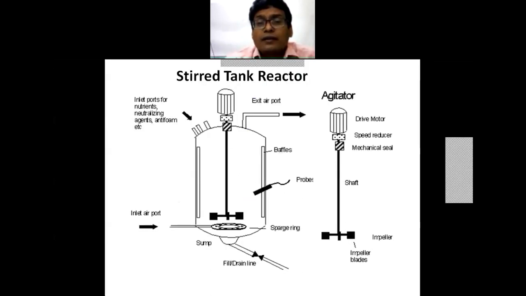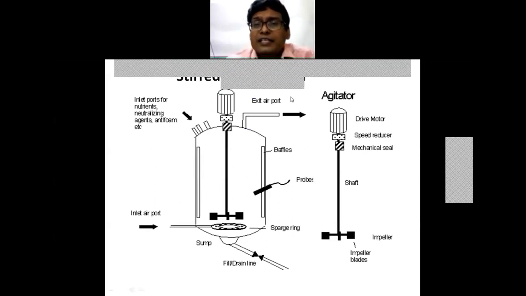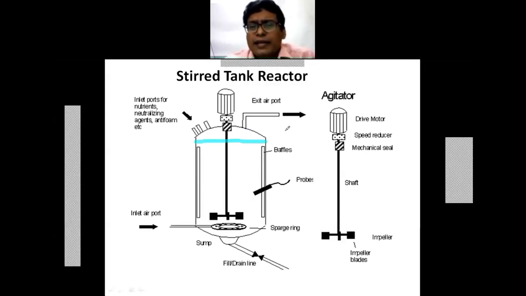Now if we look at this figure, what will be the liquid height inside this tank? Liquid height should generally be maintained at an L by D ratio equal to 1, and it can vary from 0.5 to 1.5 depending on the case. Now, why am I providing this extra space above the liquid height?